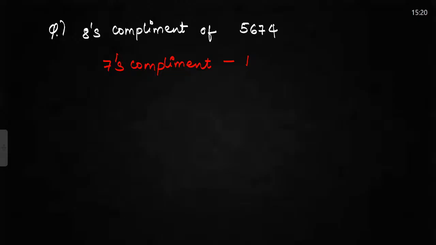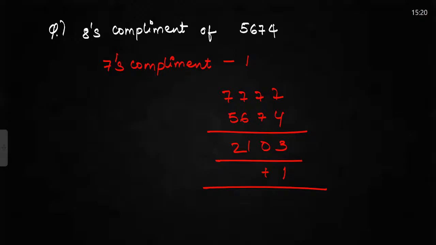So what is the 7's complement of 5674? If you subtract this one from 7777, 5674, I will get this one, 2103. So this is the 7's complement, and I will do plus 1, then I will get 2104.